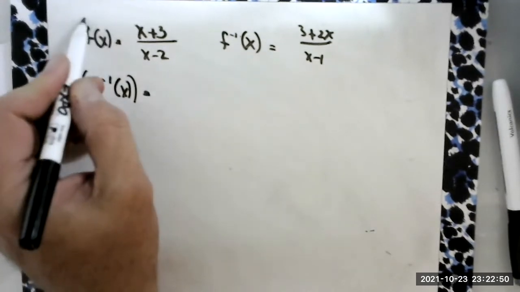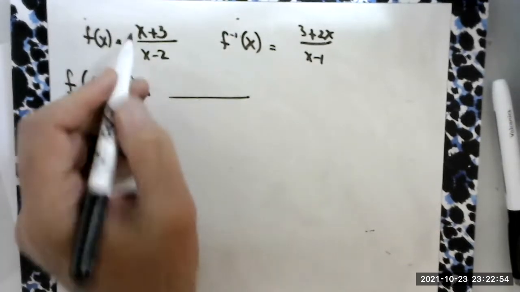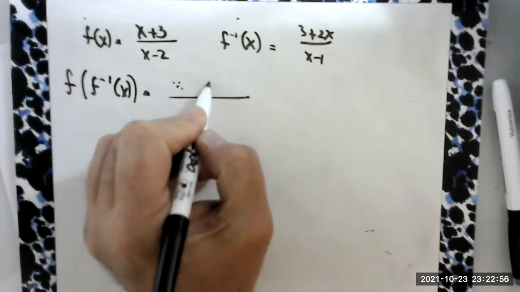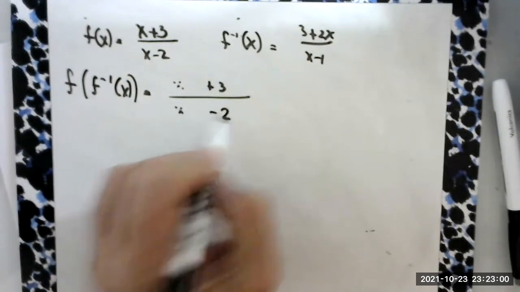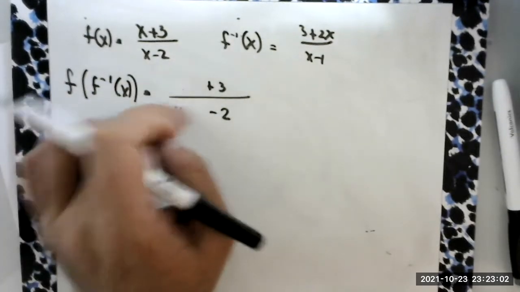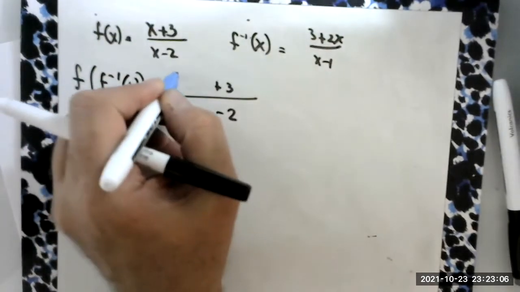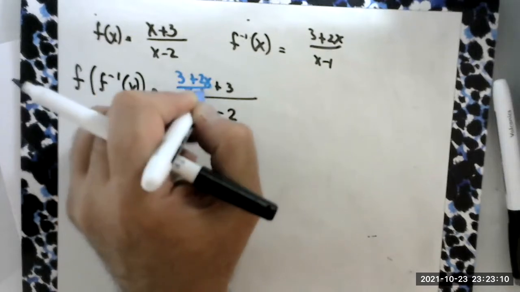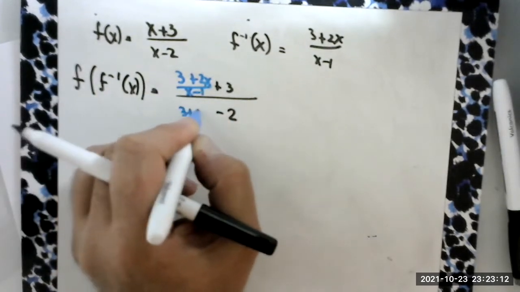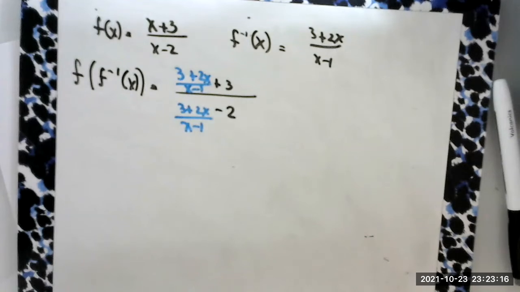Namely, this will be the outside function and this is the inside. So the outside function would be (x plus 3) over (x minus 2), but instead of x, we are going to plug in this other thing: (3 plus 2x) over (x minus 1).